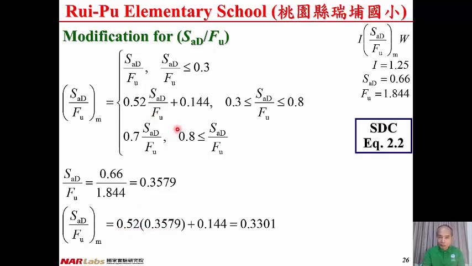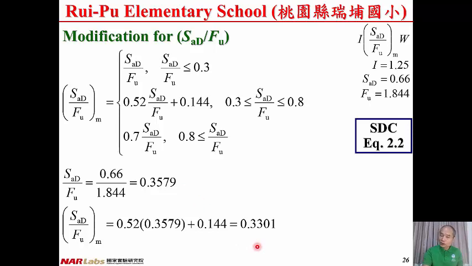0.52 times 0.3579 plus 0.144, and then after modification the ratio becomes 0.3301, which is less than the one before modification. Before modification, the ratio is 0.3579.